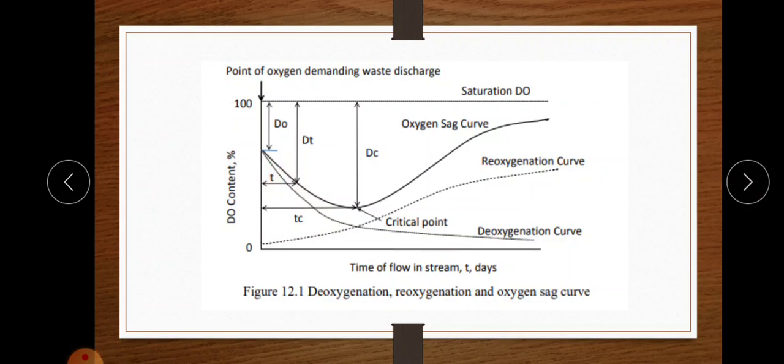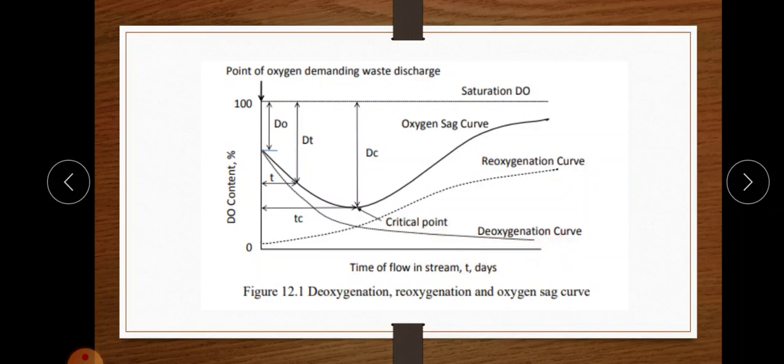This rate of deoxygenation depends upon the amount of organic matter remaining to be oxidized at the given time, as well as the temperature of reactions. Hence, at a given temperature, the curve showing the depletion of dissolved oxygen content with time is known as the deoxygenation curve.